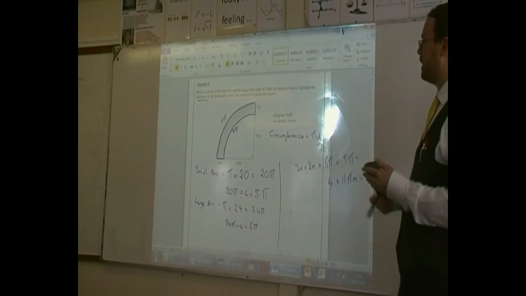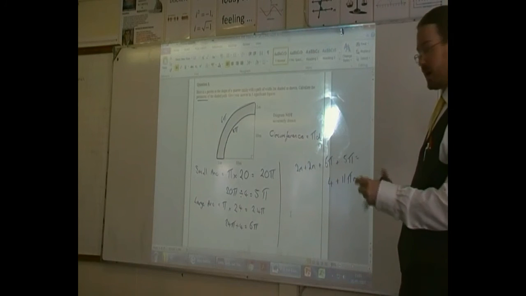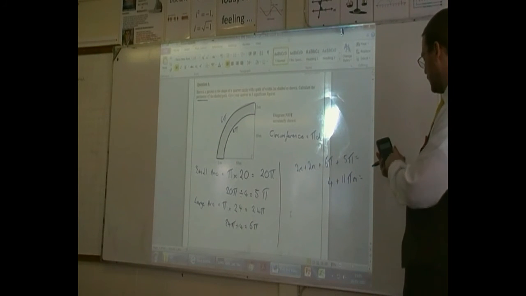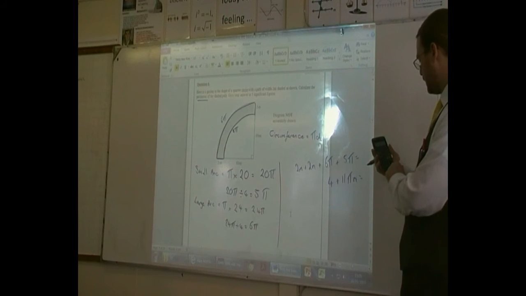And if I change that into a decimal using my calculator, so I'm doing 11 times pi, which is 34.55.